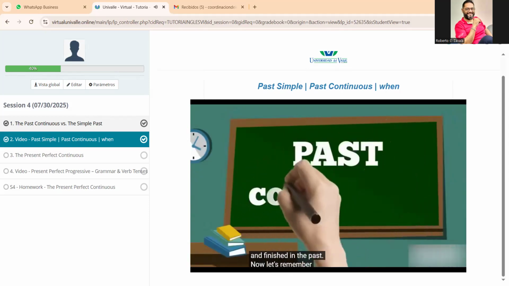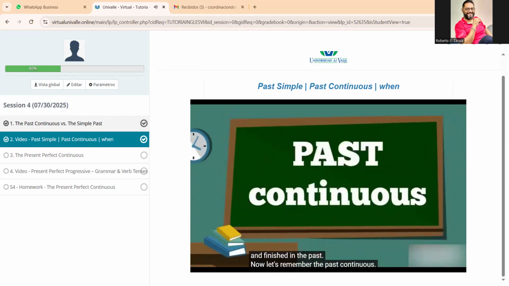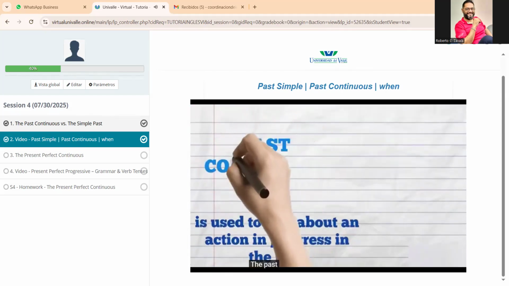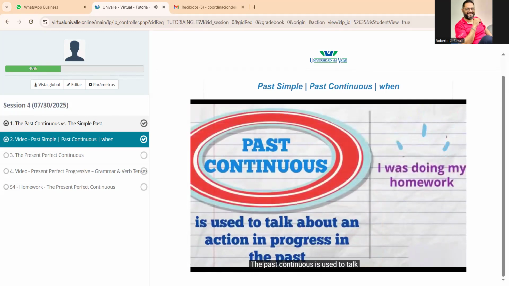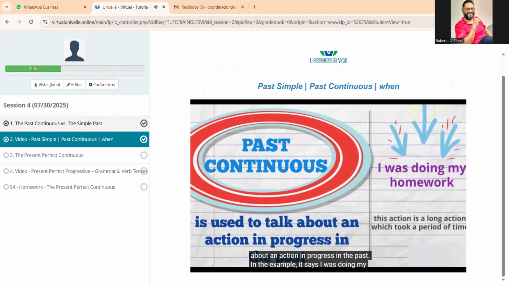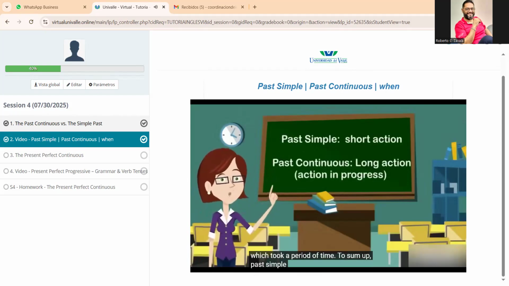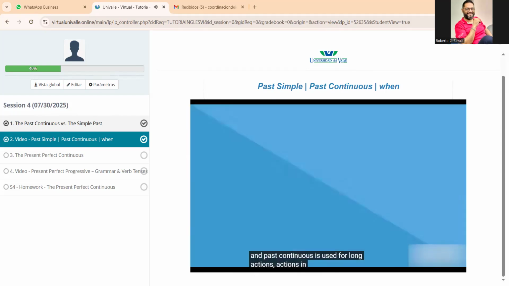Now let's remember the past continuous. The past continuous is used to talk about an action in progress in the past. In the example, it says, I was doing my homework. This action is a long action which took a period of time. To sum up, past simple is used for short actions and past continuous is used for long actions, actions in progress.